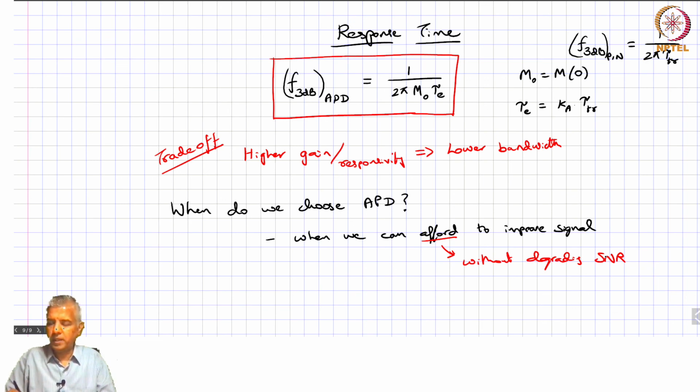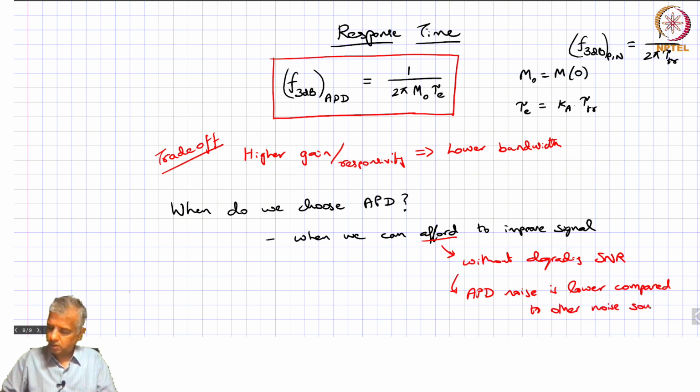But essentially, without degrading signal to noise ratio means that the excess noise provided by the APD is lower compared to other noise sources.